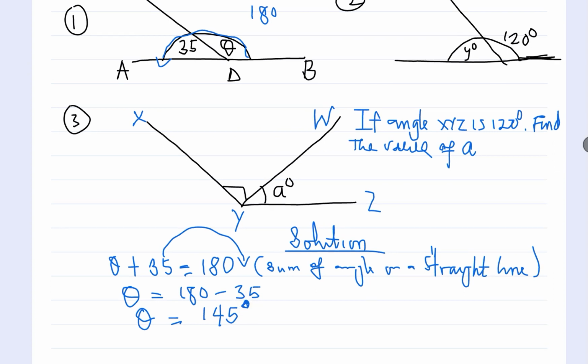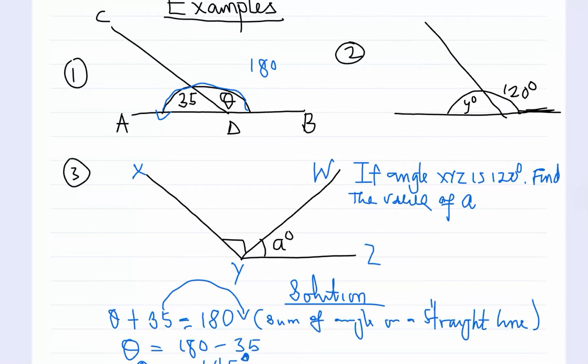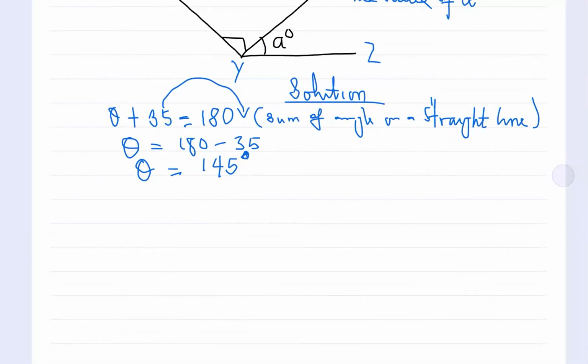145 degrees. And if you look at the direction of the line C, you will see that it is moving towards the obtuse angle direction. We've said that before. And what do we say about obtuse angles? They are greater than 90 but less than 180.